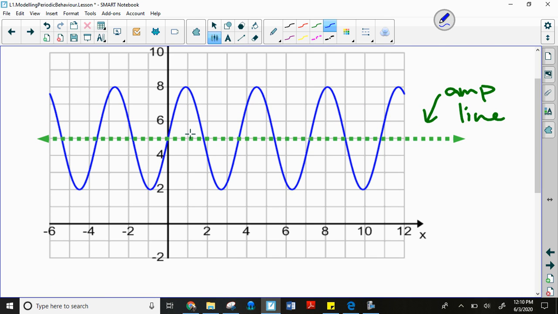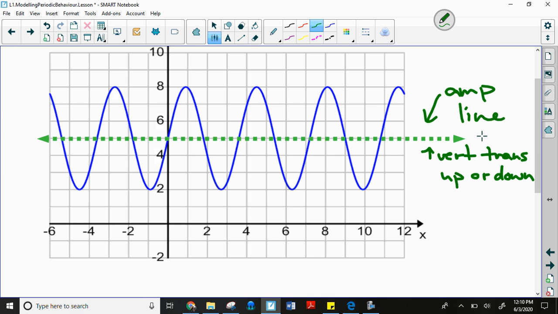So if we're looking at this, we've got our amp line there. That's an important line to be able to identify because when we're talking about graphing, this is your vertical translation up or down. And I think it's important to know.